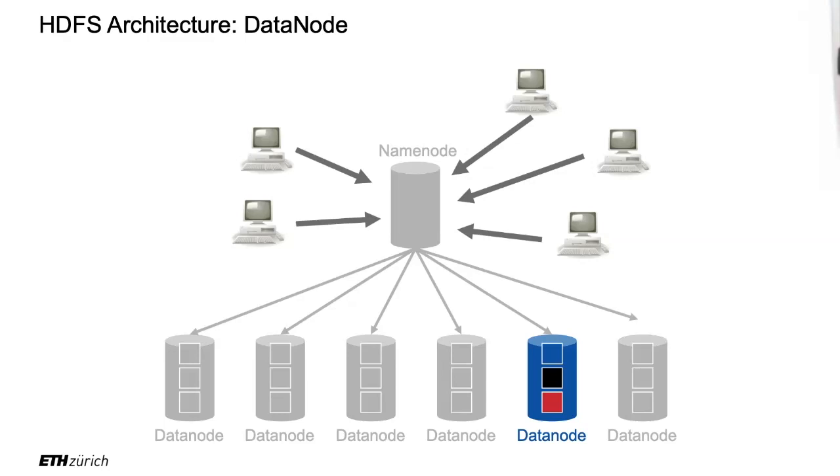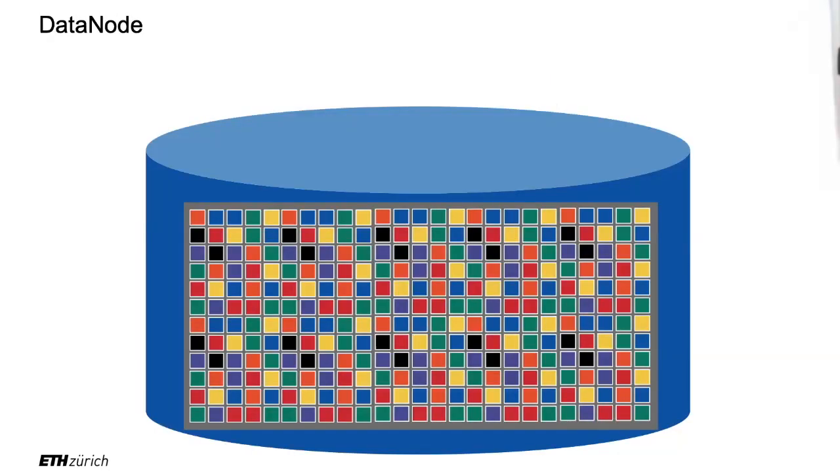But let's now go to the data nodes. So data nodes, well, it's boring. This is much more boring actually than what there is in the name node, but basically in the data node, there's just blocks. So here I put plenty of them. I think you can compute roughly the number of blocks you can have on a machine, right? Because if you consider, let's take a hard drive of 1 terabyte, for example, how many times can you fit 128 megabytes?